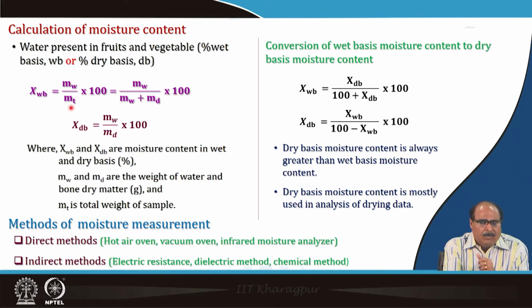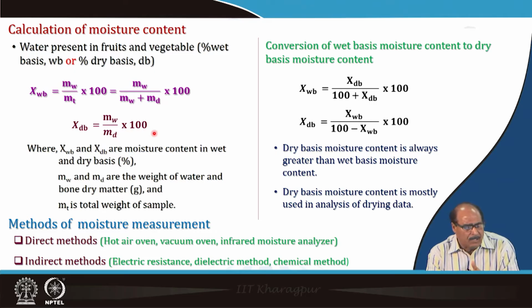Okay. So, this is the wet basis moisture content, and the dry basis moisture content, X_DB, can be calculated by the equation MW by MD multiplied by 100, where MW and MD are the weight of the water and bone dry matter, and MT is the total weight of the sample.